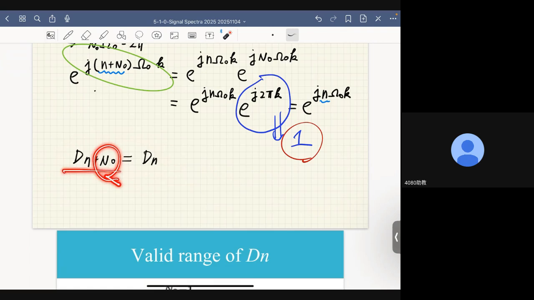That cannot be true. I'm not saying this will never happen, but you cannot expect every signal in the world to satisfy this formula.